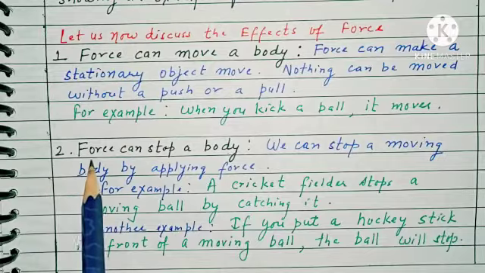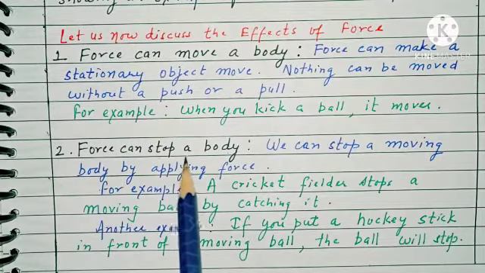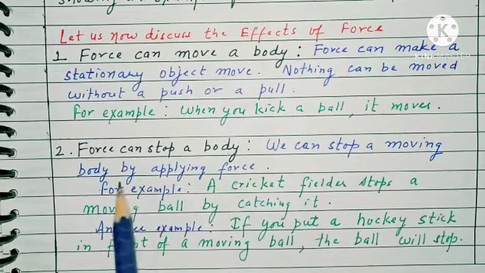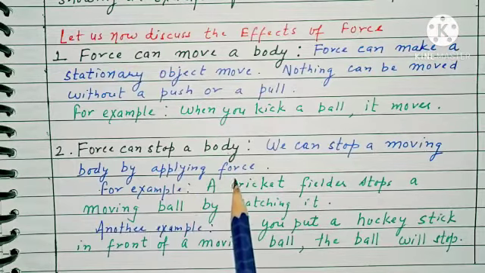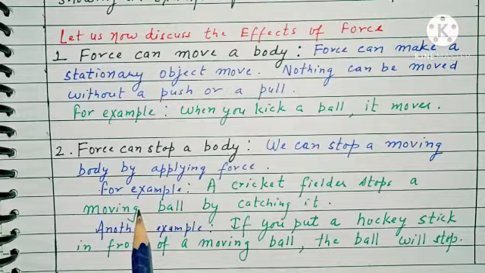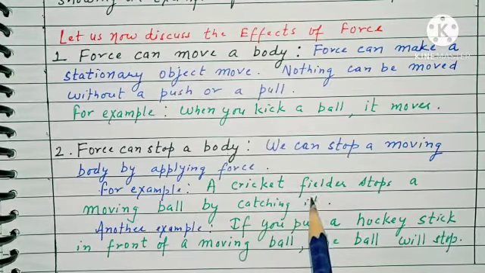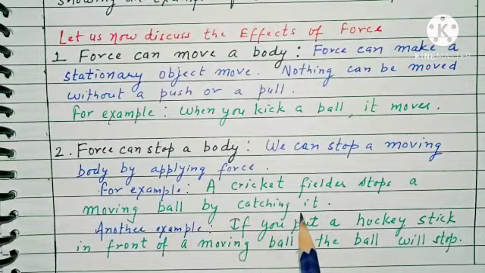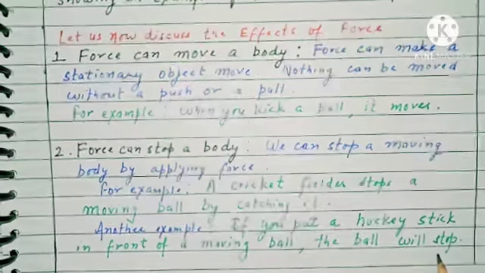Number 2, force can stop a body. We can stop a moving body by applying force. For example, a cricket fielder stops a moving ball by catching it. Another example, if you put a hockey stick in front of a moving ball, the ball will stop.